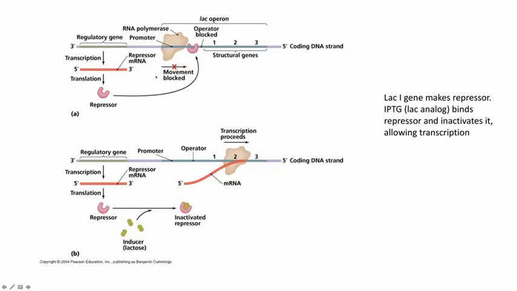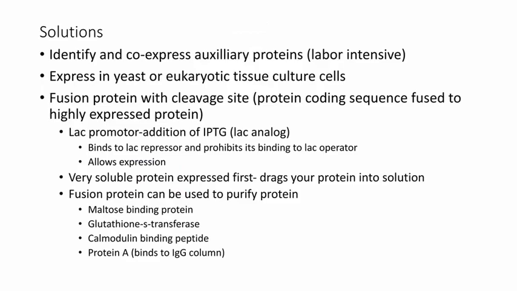And when the repressor is no longer binding to the operator, then this allows the mRNA to be made, and if you have your gene in here, this is allowing the mRNA for your gene to go forward, make the mRNA, which is then able to express your protein of interest. So this is a very powerful system that many, many people use.